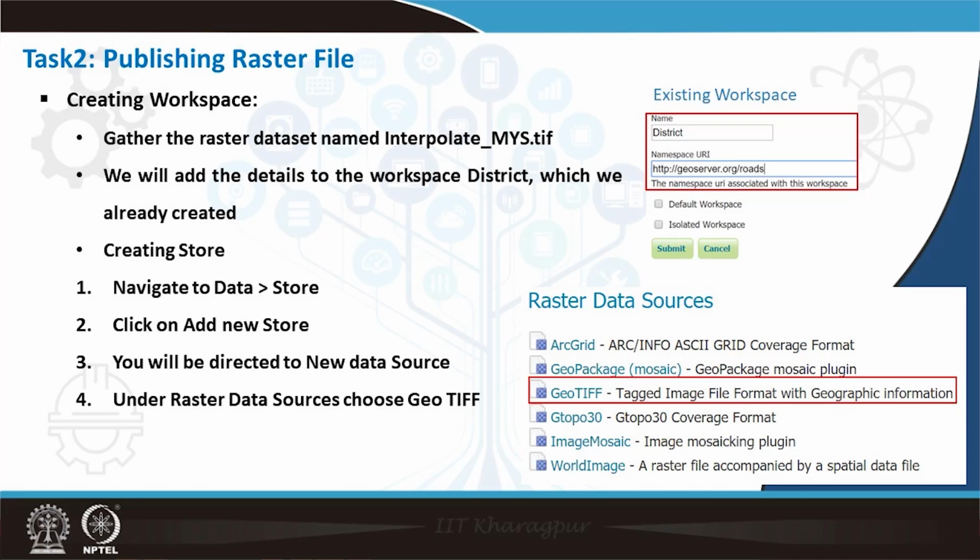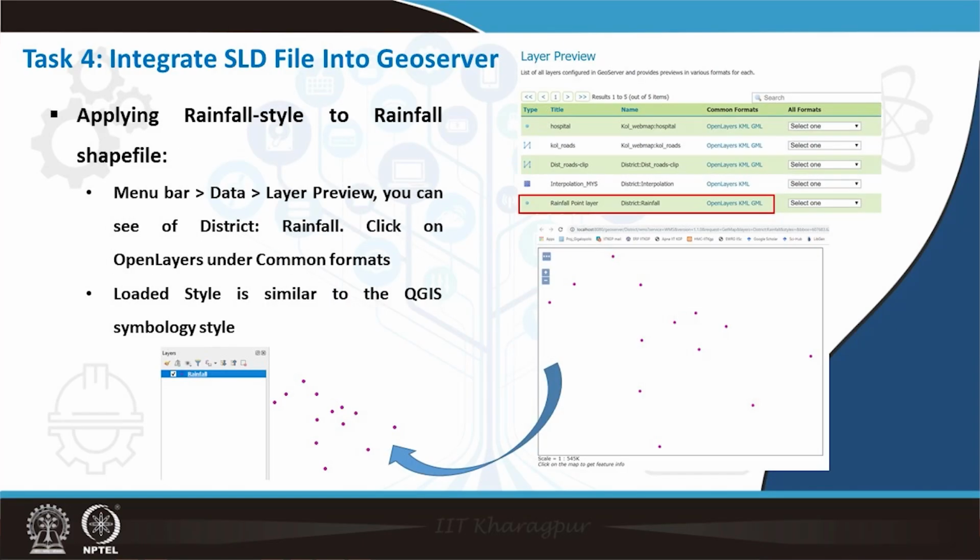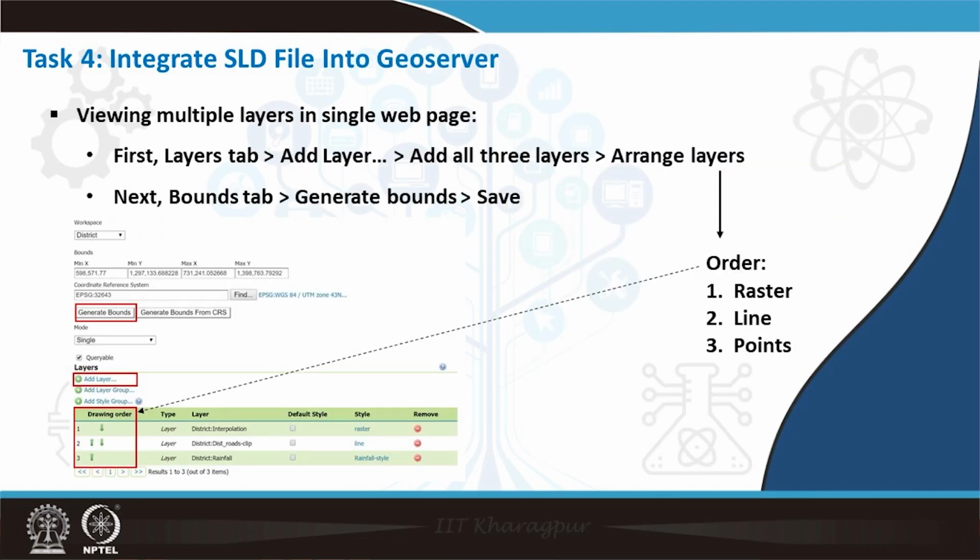So far we have seen how to publish a raster file and how to integrate the style layer descriptor into the Geoserver interface, and finally we have seen how to put multiple layers, and I was also speaking about the order of arranging.